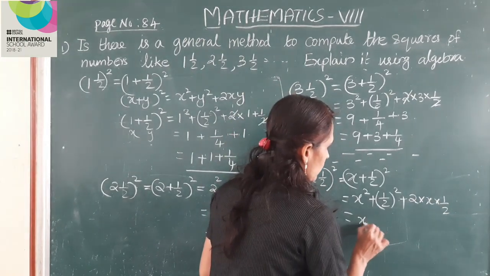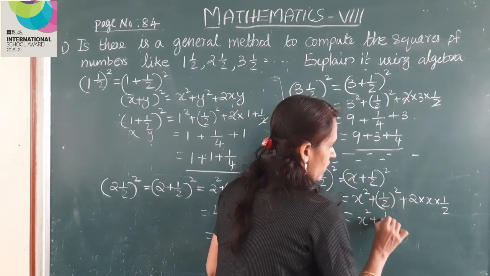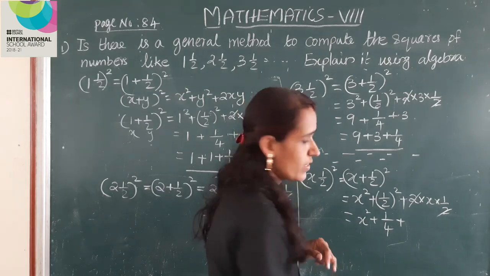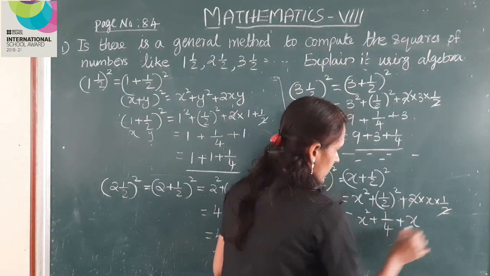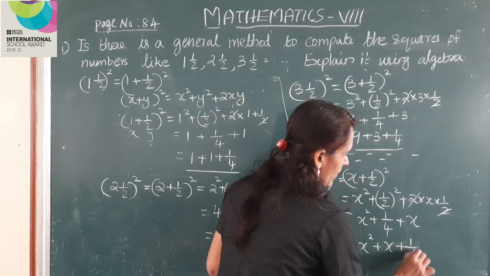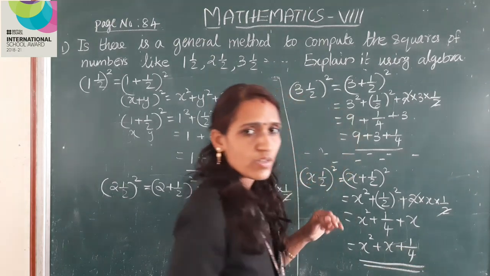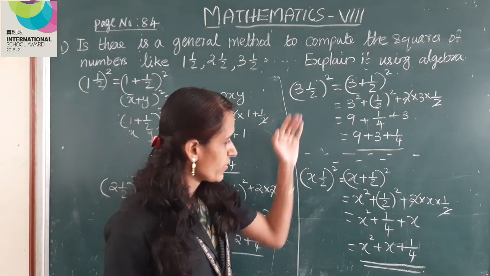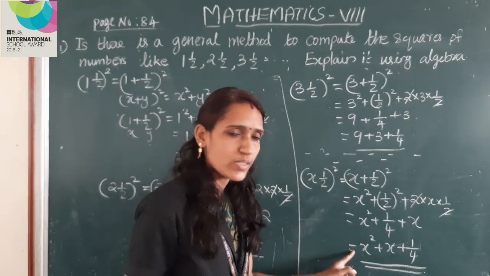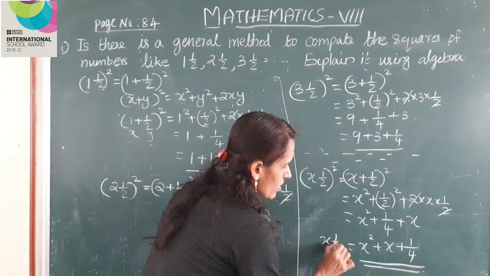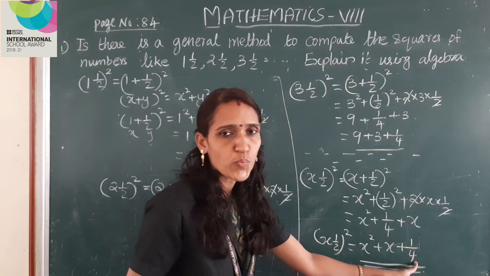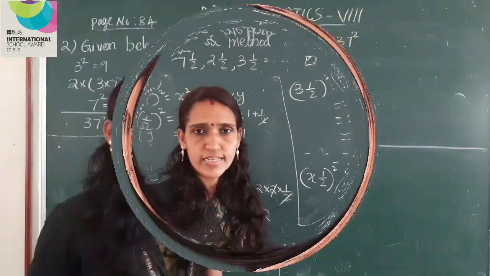This is equal to x square plus 1/4 plus 2 divided by 2 is 1, 1 into x, x. This is equal to x square plus x plus 1/4. In algebra, we can write it as (x + 1/2) whole square is equal to x square plus x plus 1/4. Clear, children?